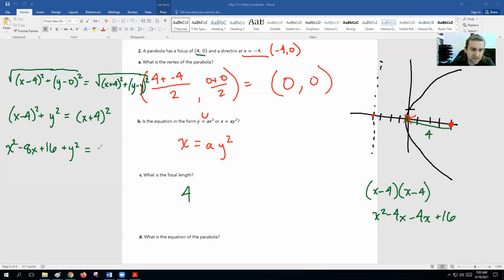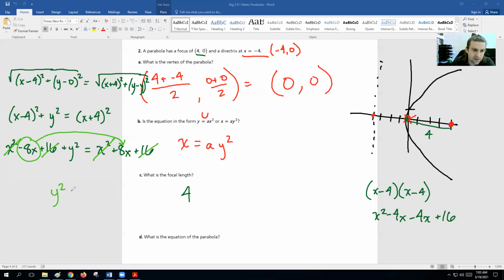And then over here, we'd have the exact same thing at the beginning, except it's going to be x squared plus 8x plus 16. So we know, doing the math before, that the x squareds are going to cancel each other out, because they're the same thing on both sides. Same thing with the 16s. They're going to cancel each other out. We're going to take this -8x and move it over to the other side.